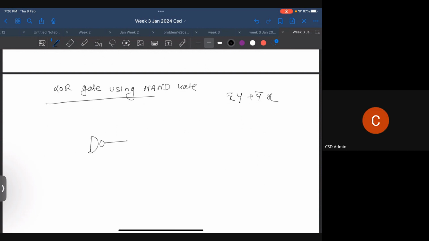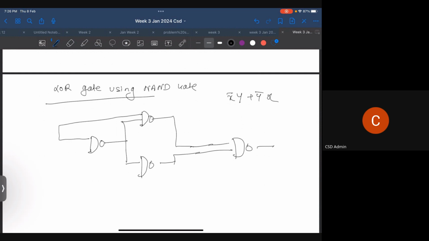Here we'll get X. From here what we'll get is X dot Y bar, correct?